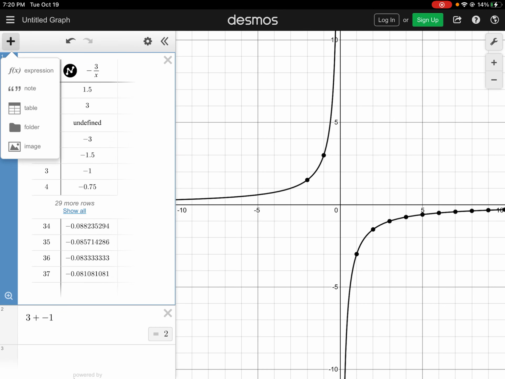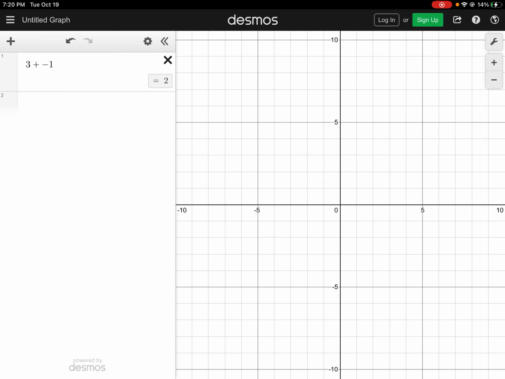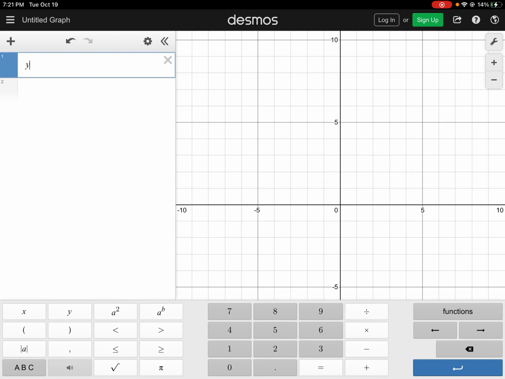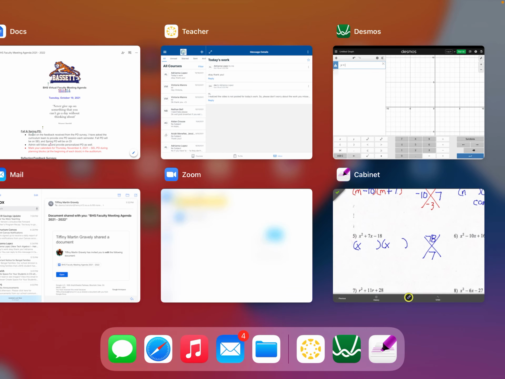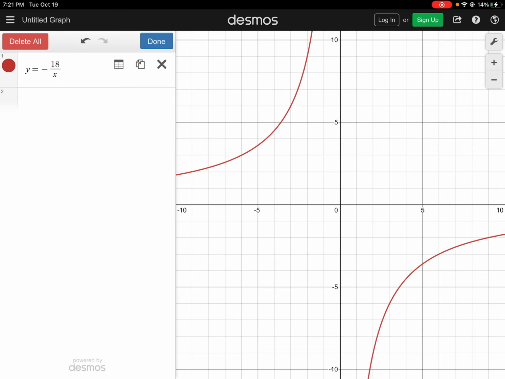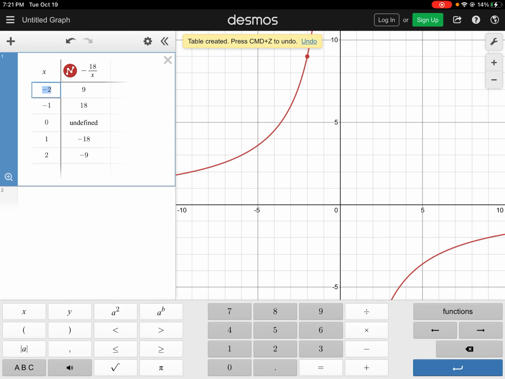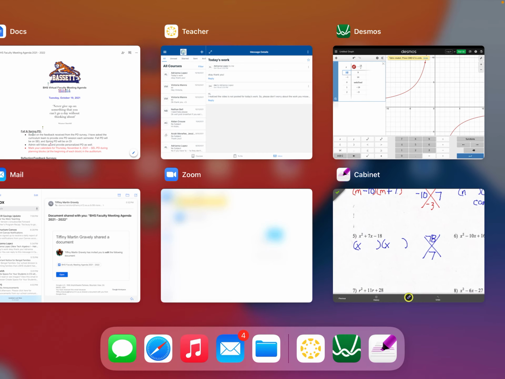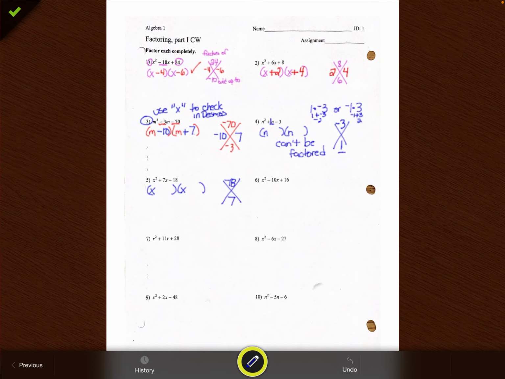So I'm just going to pop over here. Y equals, look, I already forgot what we're looking for. Negative 18. Okay. Negative 18 divided by x. Go to my table, start looking at some choices. All right, so I want numbers that multiply to give me negative 18, and add to give me positive 7.